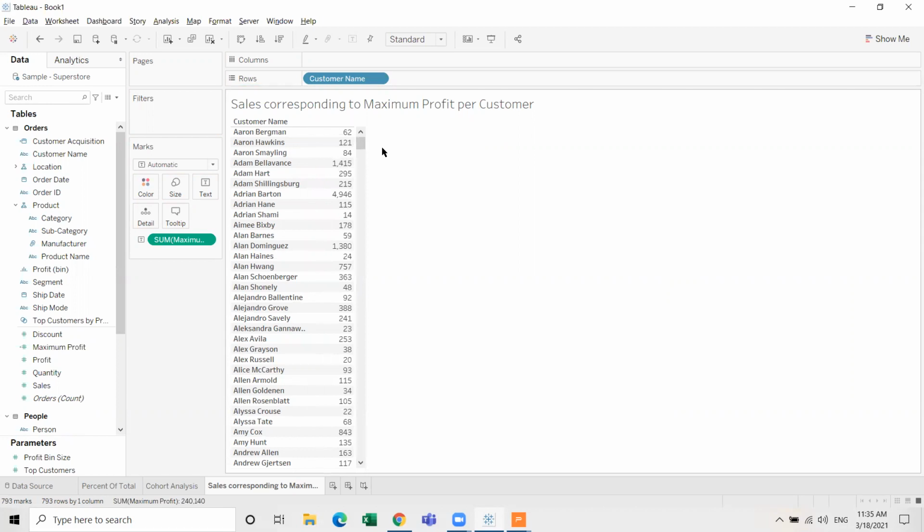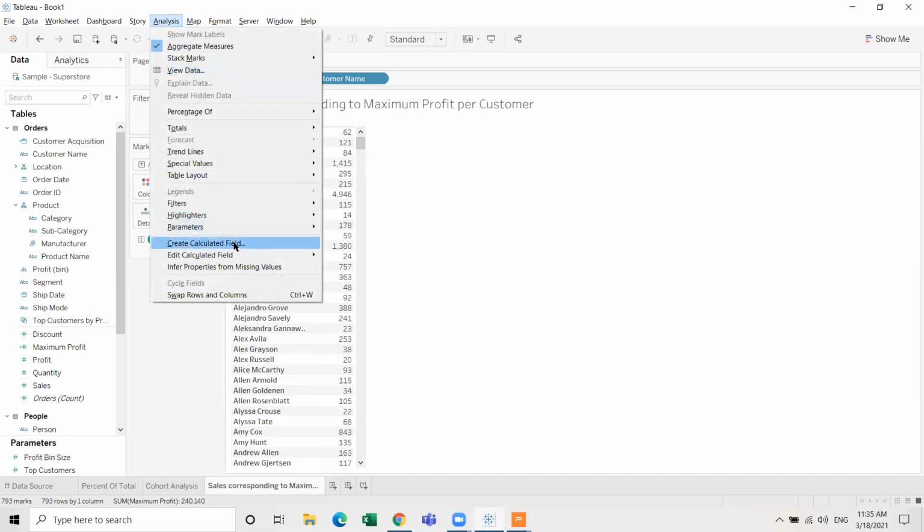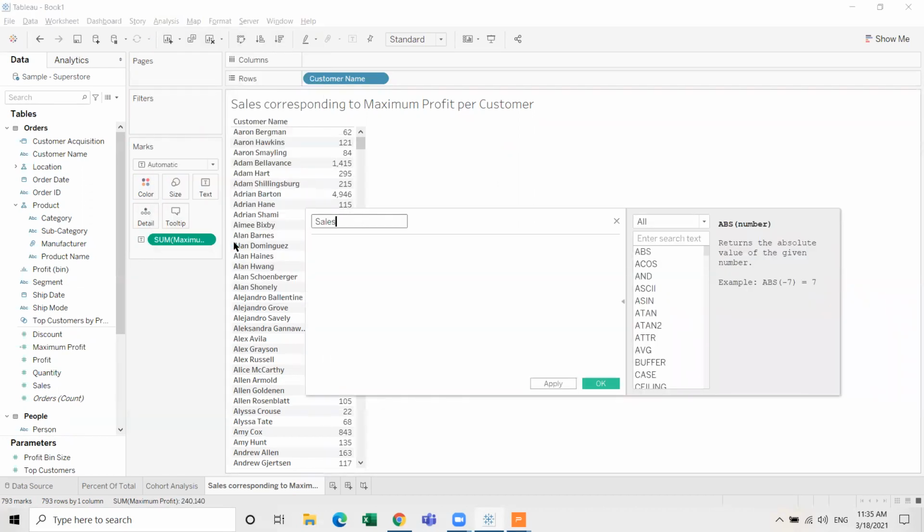Now I need to get the sales corresponding to this value. Sales for that transaction where the profit obtained was $62. For that, we need to build another calculated field to get the sales for max profit.